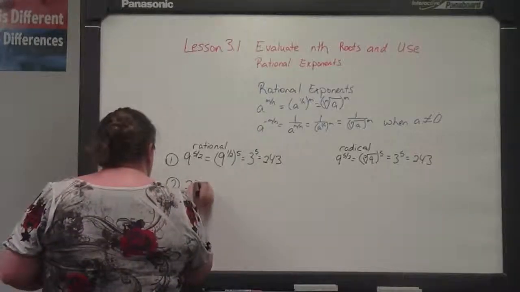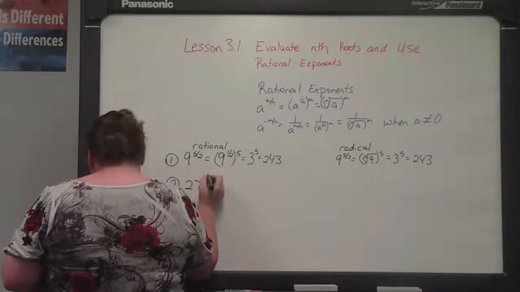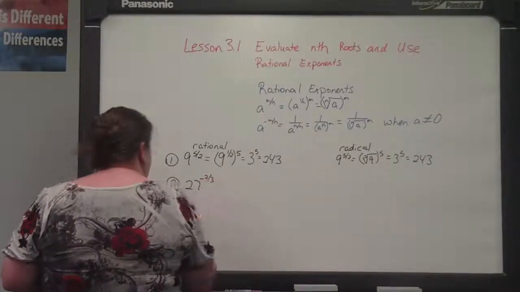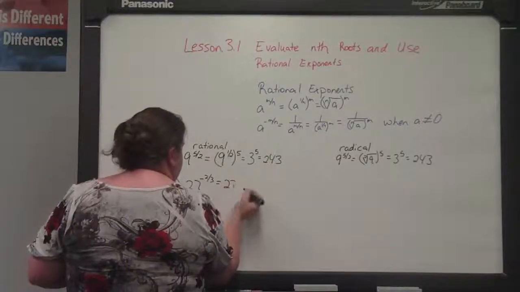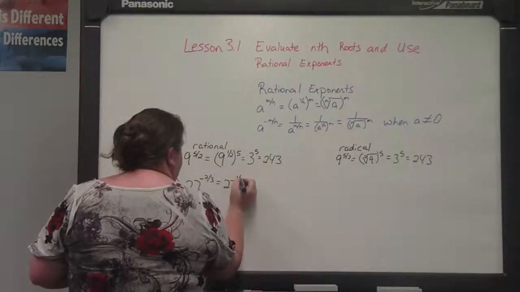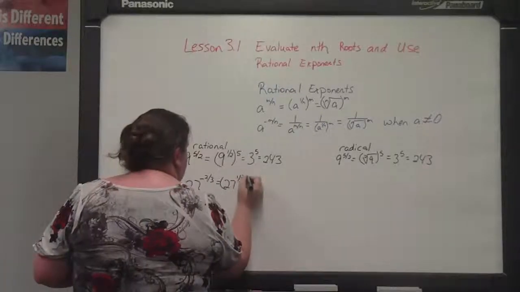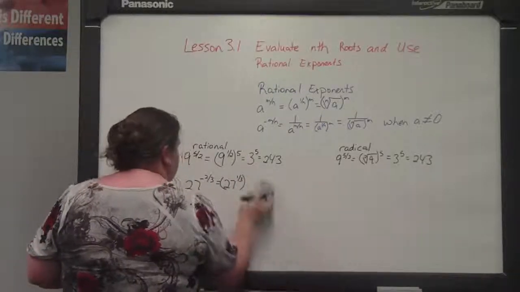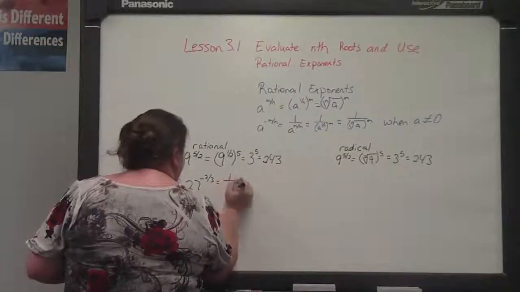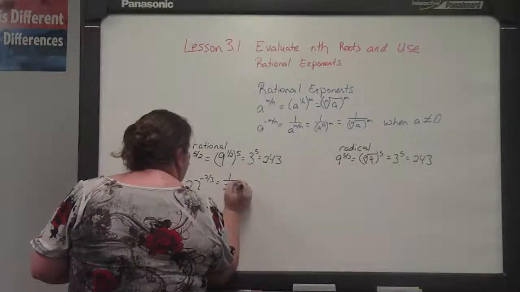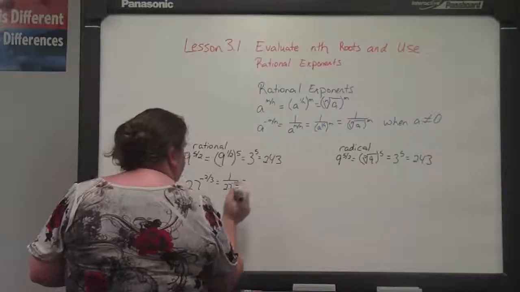So the second example is 27 to the negative 2/3 power. I can say 27 to the 1/3 power squared. I'm sorry, I need to get rid of my negative first. So 1 over 27 to the 2/3 power.